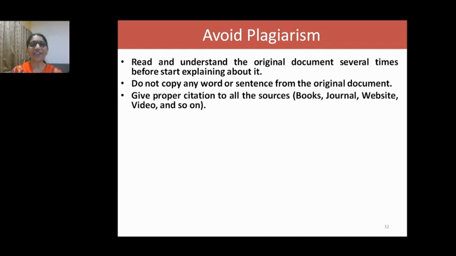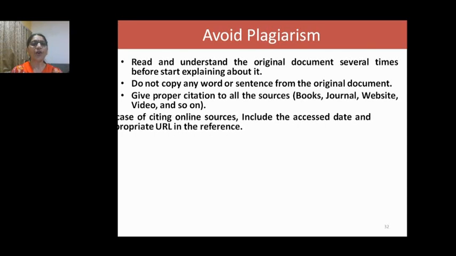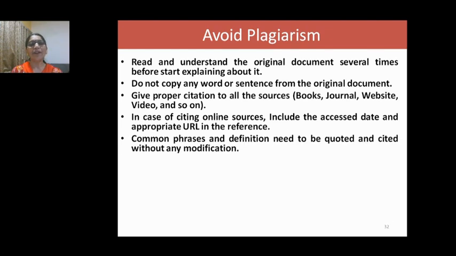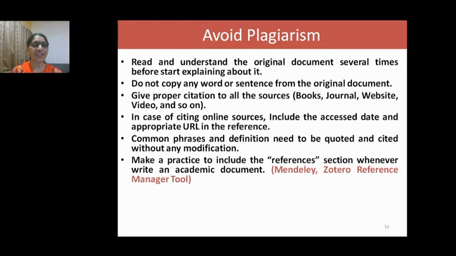Give proper citation to all the sources, maybe the books, the journal, research article, website, video, and so on. In case of citing online sources, include the access date and appropriate URL in the reference. Common phrases and definitions need to be quoted and cited without any modification. Make a practice to include a references section whenever you write an academic document.